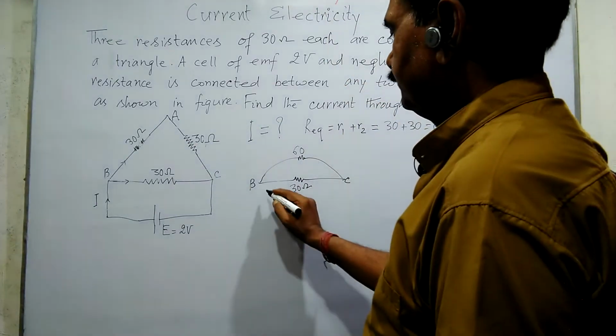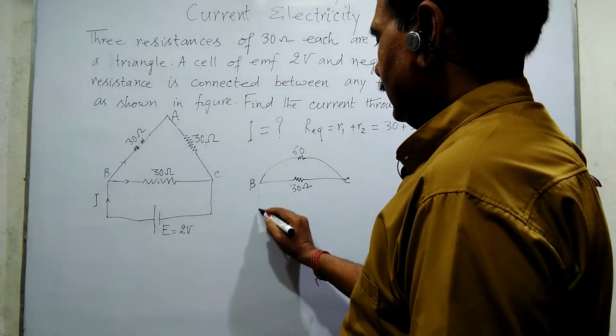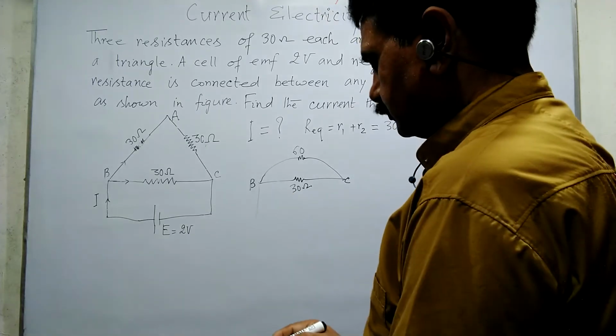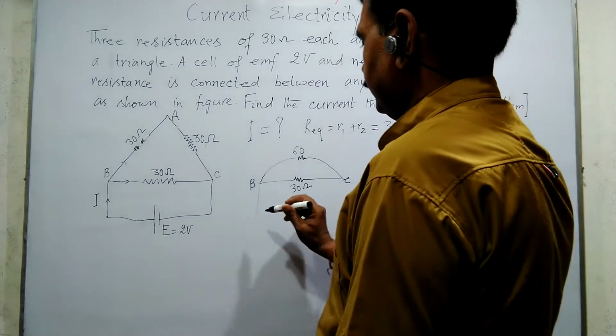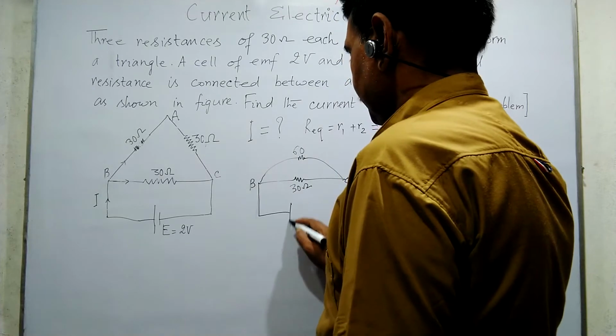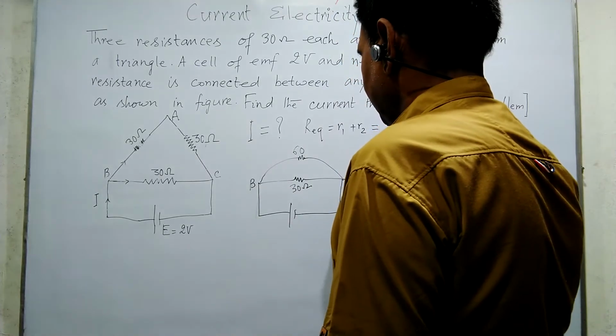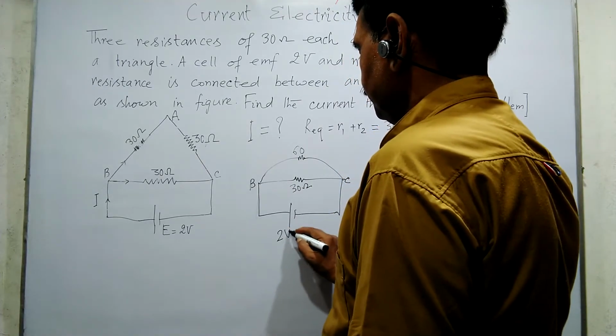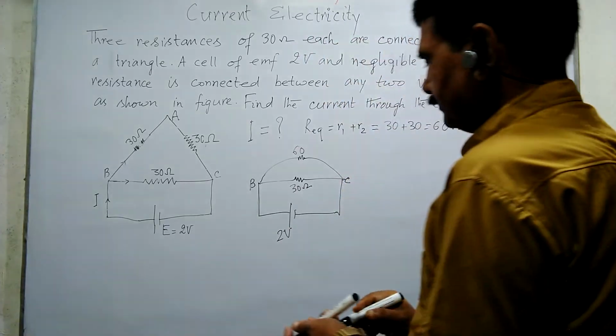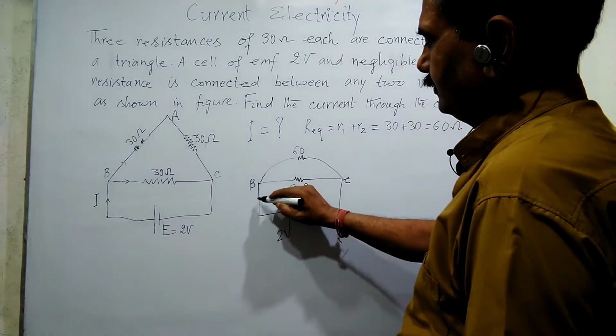This is of 60 ohm. And now here the battery is connected, the cell is connected of 2 volt. Okay. And the current is I.